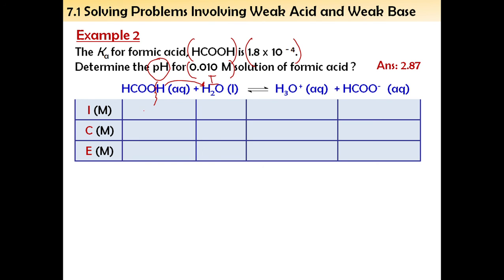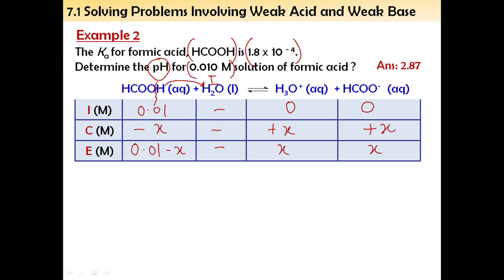So initially, for the formic acid, 0.01 is the initial concentration. Since H2O is a liquid, we will dash it and not include it in the expression. This one is 0 at initial. So the change is negative X, positive X and positive X. And at equilibrium, 0.01 minus X, and this one X and X. Okay.